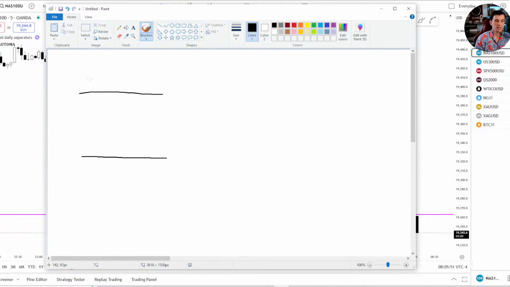So let's say that this is the new week. This is a Monday, and this is the low of Friday. All right, so what if, and you'll see this a lot, they break out of Monday's low, and then it closes back up on the inside like this.